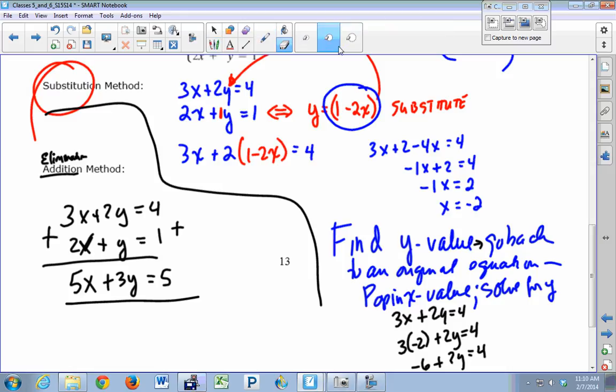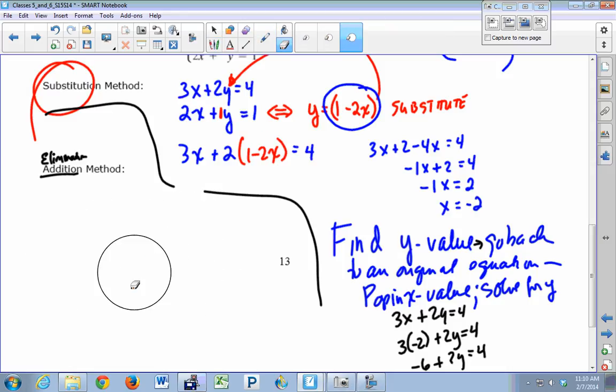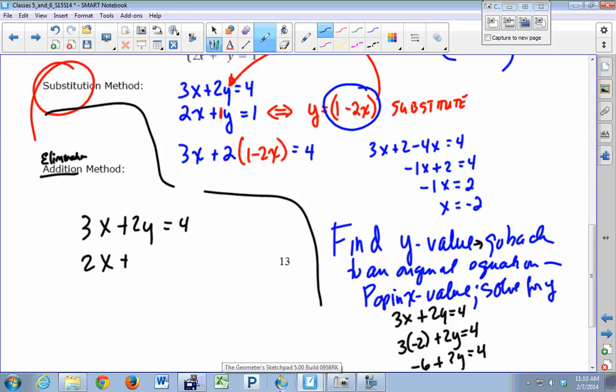So now you say, okay, so now what do I do? Well, if you go back and you take a look at this again, 3x plus 2y is 4, 2x plus 1y is 1. I'm going to focus on the y's here because it's less work.